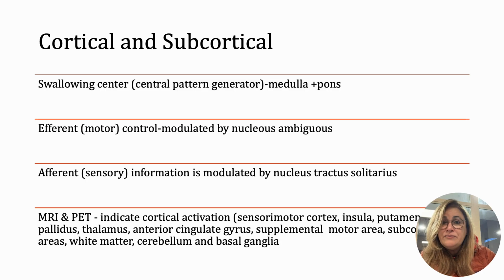Medulla and pons in the brainstem area are working really hard with swallowing center coordination. The efferent component of our innervation, the motor part, is controlled by the nucleus ambiguus, and then the afferent or sensory component of the information that we're receiving is modulated by the nucleus tractus solitarius.